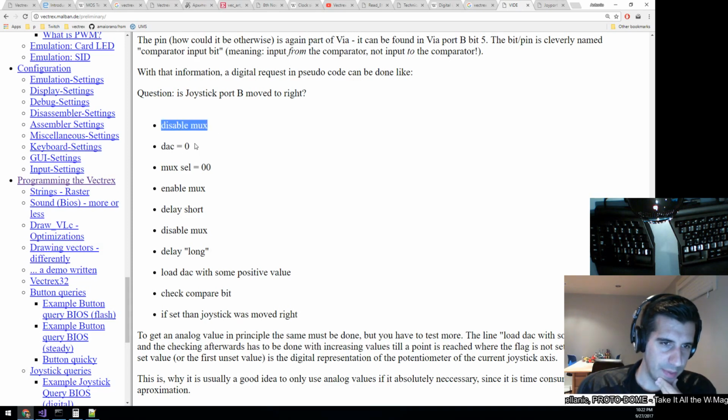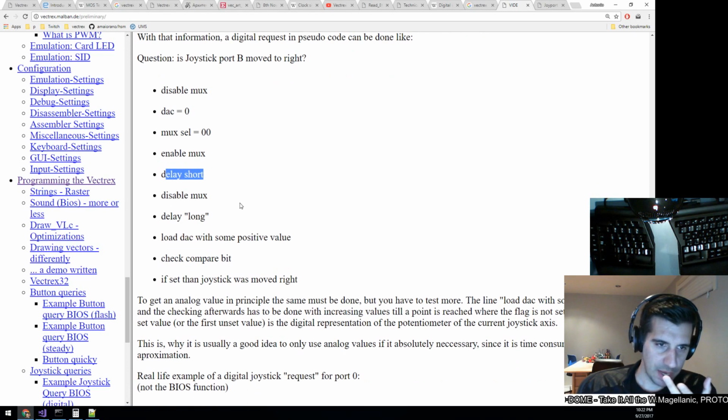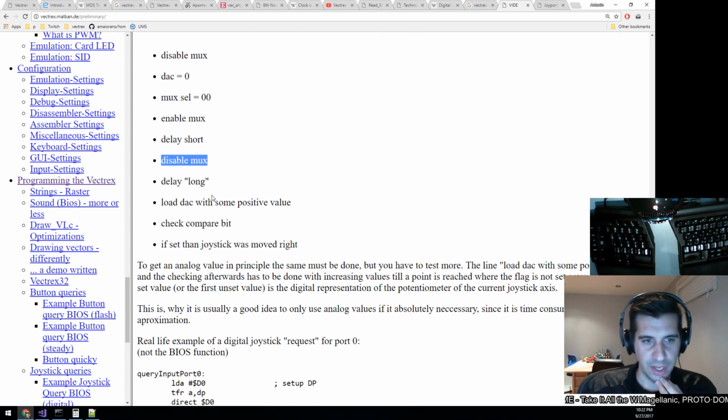Normally, if you disable the mux and write, this goes into the X register. Then you select 00 enable, and then that puts 0 into the Y register. Delay short, okay. Disable mux, so this goes back to using the multiplexer for joystick reading.